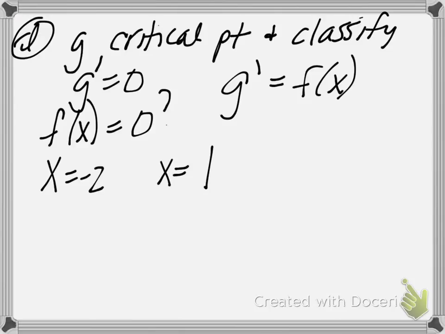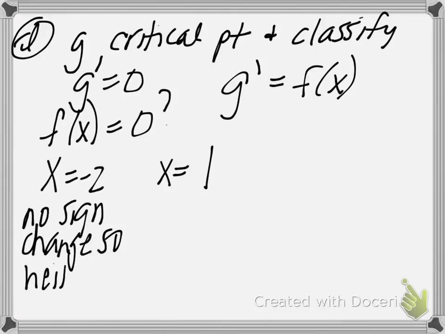Okay, so if you look at x equals -2, there's no sign change. It never went through the axis. So at x equals -2, you would say there's no sign change, so it's neither a max nor a min.